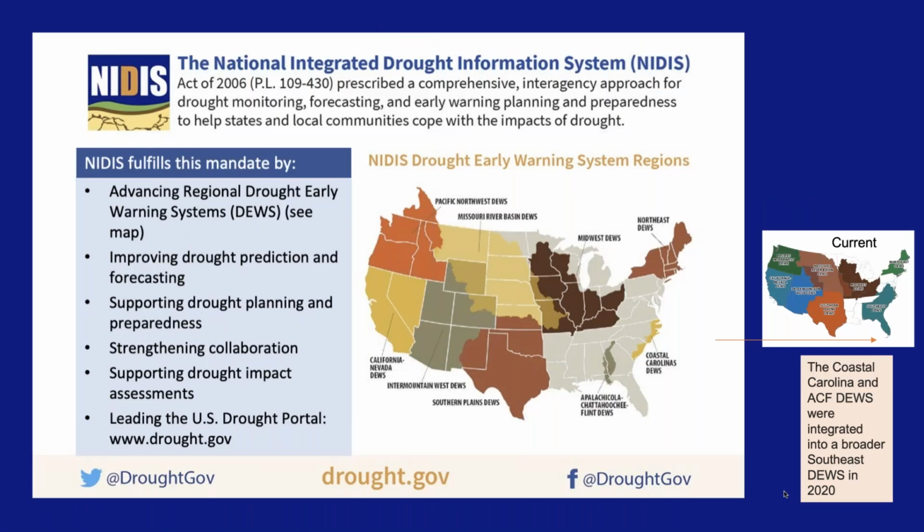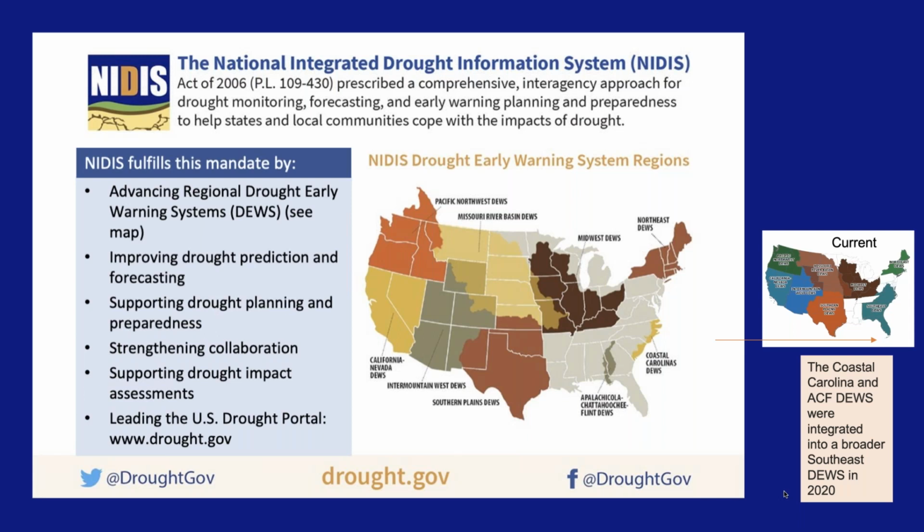Just really briefly, I wanted to provide a brief background on NIDIS, the National Integrated Drought Information System. This was a program created by congressional law in 2006 with a mandate to help the nation prepare for, mitigate, and respond to the effects of drought. We complete much of our work through our regional drought early warning systems, which are regional networks, also known as DEWs. In fact, the idea and initial development of the Coastal Salinity Index came out of what was the Coastal Carolinas DEWS.